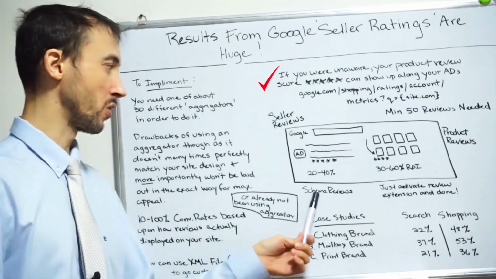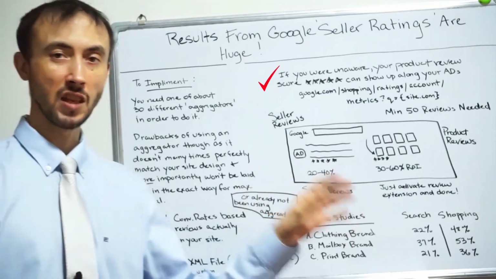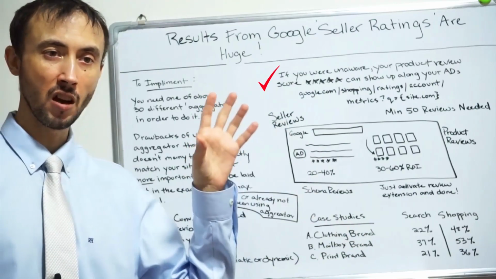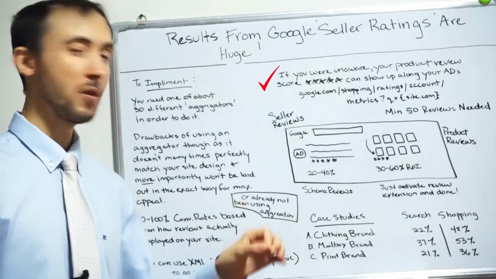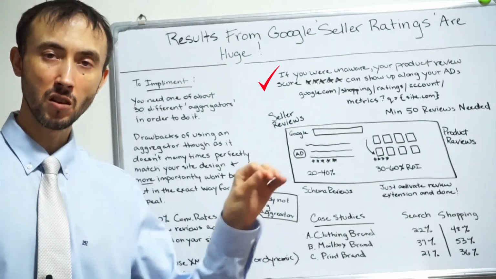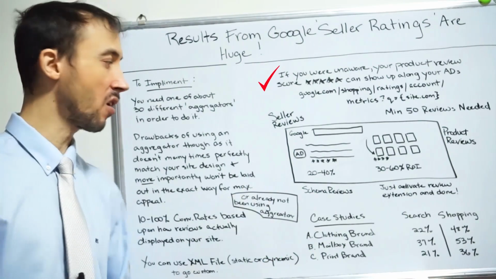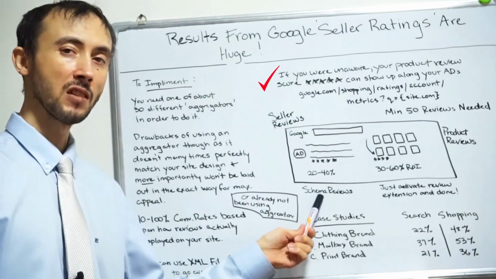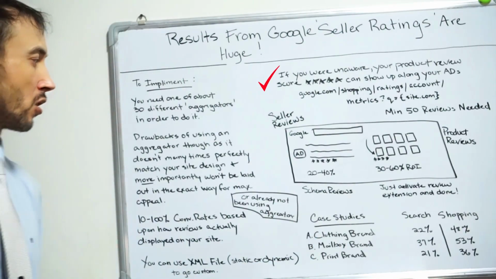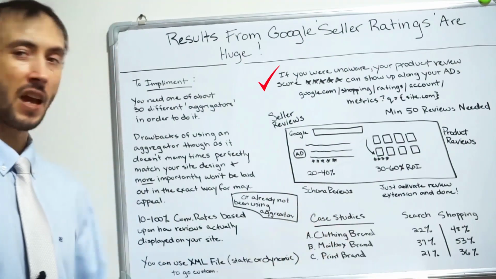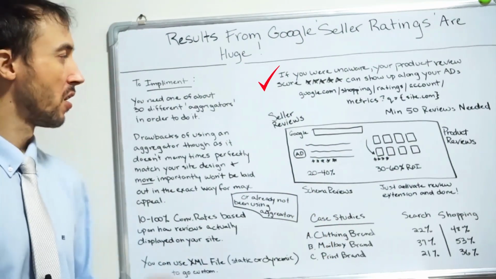It could be any page with the reviews on there. Those stars can technically show up. Google is just looking at that page: is the review schema code on the page, and are there reviews there? If so, then you have a good chance of having your stars show up on your organic listing as well. So those are some general tips on how to get the organic schema reviews as well.